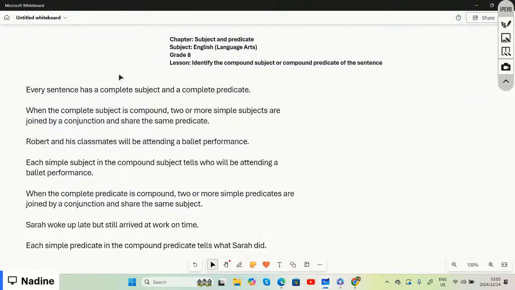Our subject is English language arts, we're doing grade 8, and the lesson we are going to focus on under this chapter is to identify the compound subject or compound predicate within a sentence.